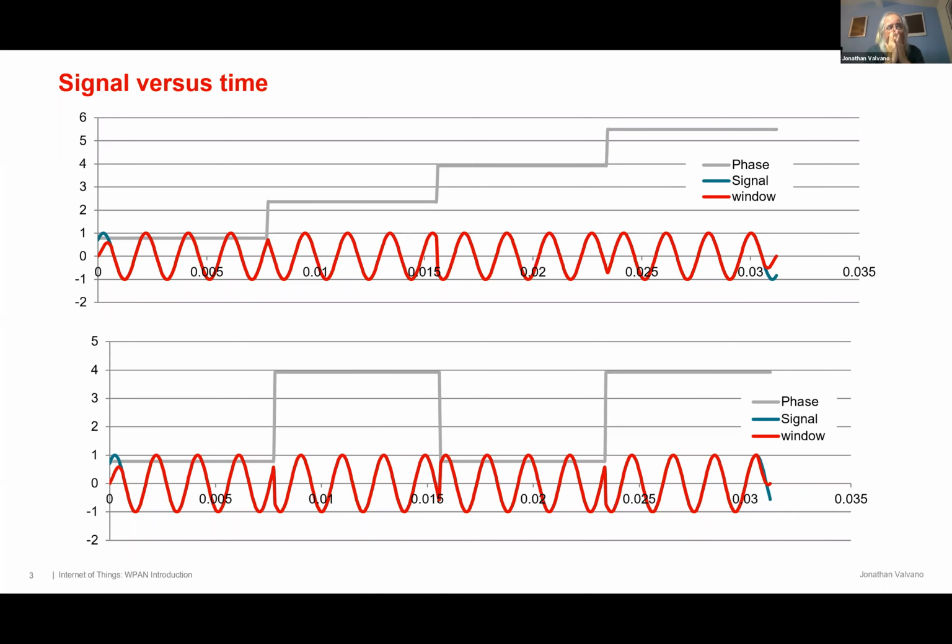If I had done this correctly, this picture would have had hundreds or thousands of waves before there was a phase shift.